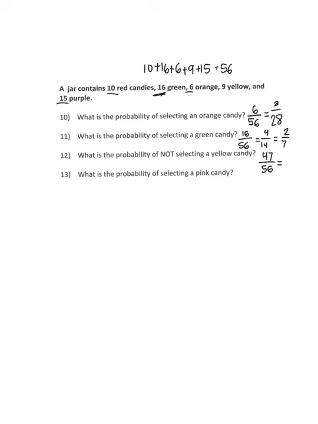And I can't simplify that, so that is my simplest fraction right there. What is the probability of selecting a pink candy? Well, I don't have any pink candies in my jar, so that would be a probability of 0 out of 56, which is 0. So this is never going to happen.